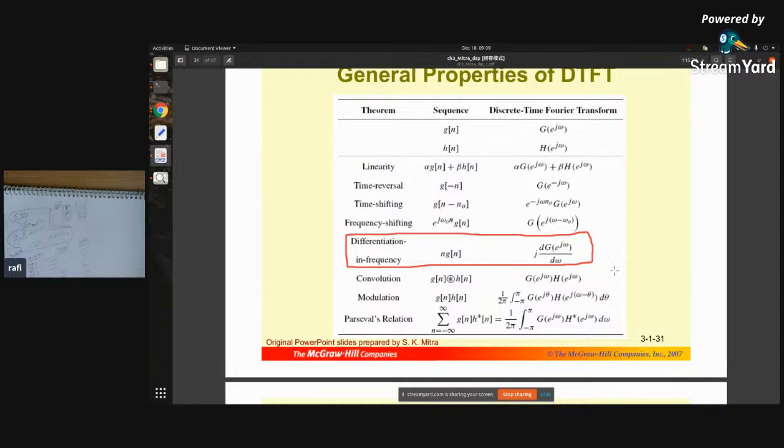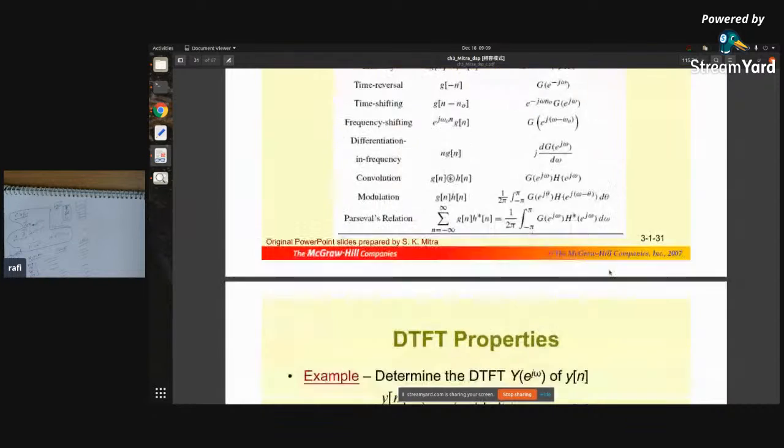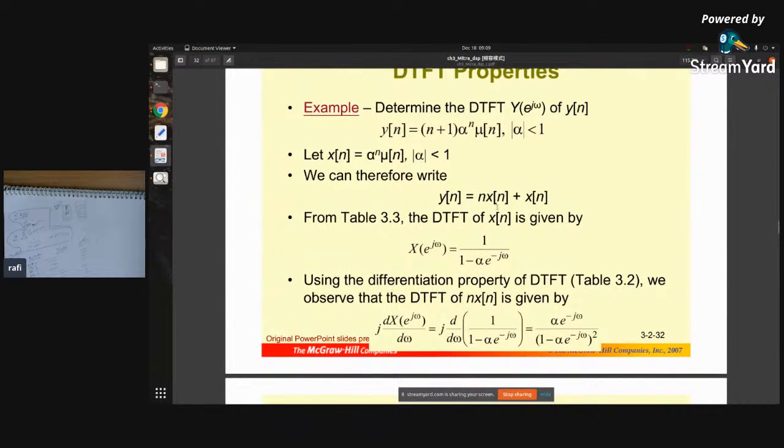And the DTFT of x of n we already know, which is 1 by 1 minus alpha into e power minus j omega.